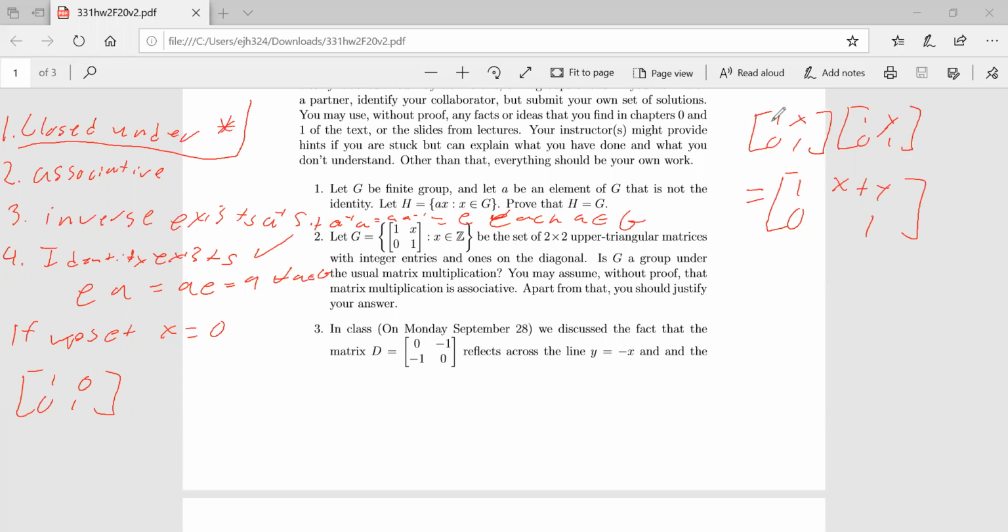The only thing that distinguishes this from any other element is the top right, so we could just think of this as x. So x times y just gives us x plus y in the integers. We can basically think of this as just addition, but we should keep on checking. Yes, it is isomorphic to the integers.